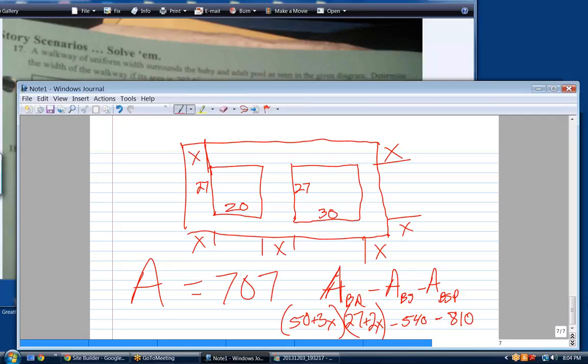There we go. And all of that is equal to 707, right? So this one is a minimum, doesn't it? Not a maximum. Well, we're going to solve for x, so it's not either. We're going to come up with two values for x. Most likely one of them is going to be negative, one of them positive. We'll use the positive one.